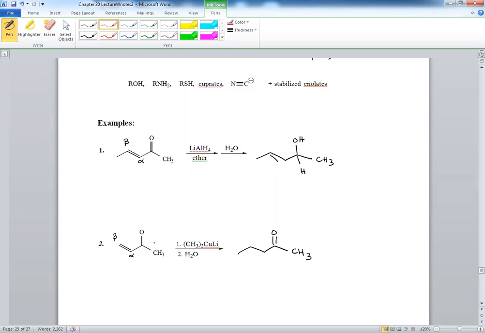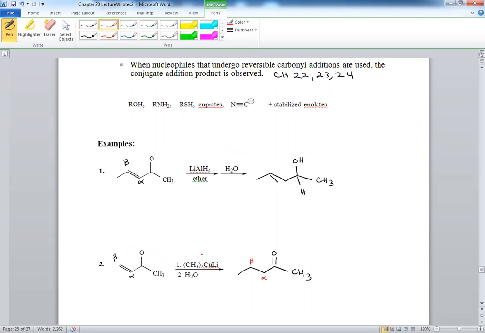We can say this is the beta. This is the alpha. And then there was a methyl added. So this is the methyl. Basically the attack is the following way.